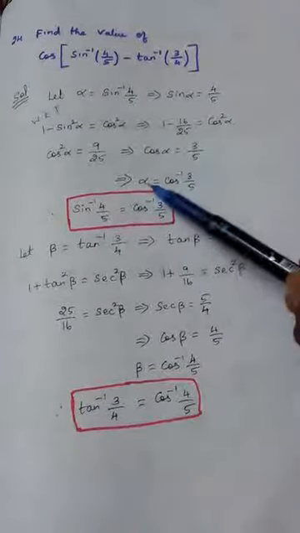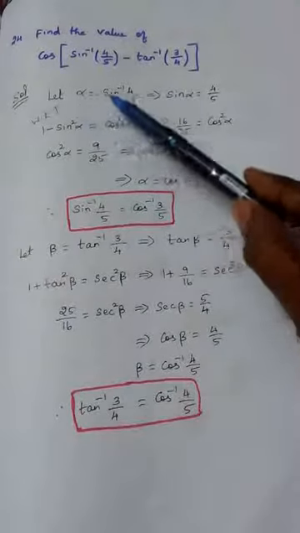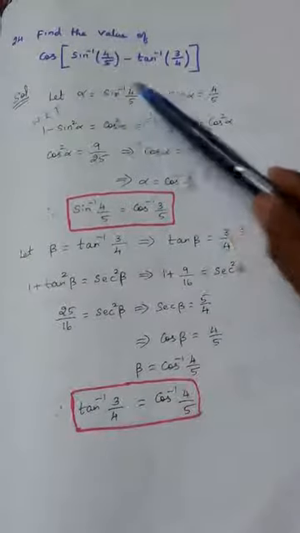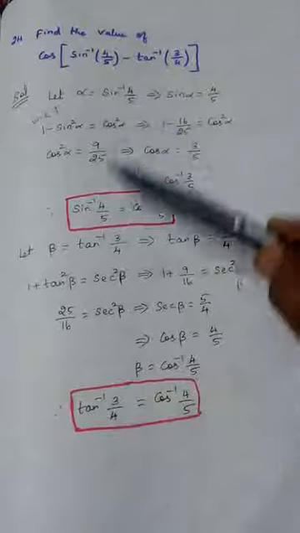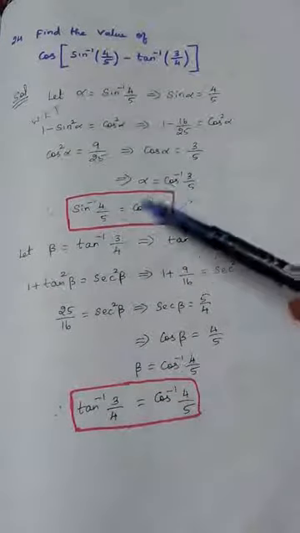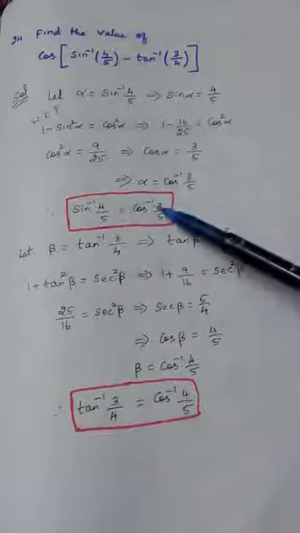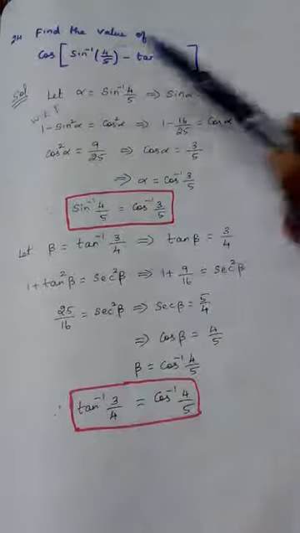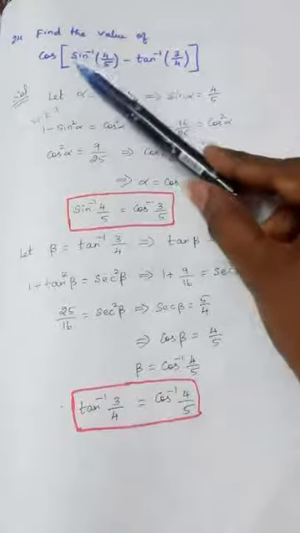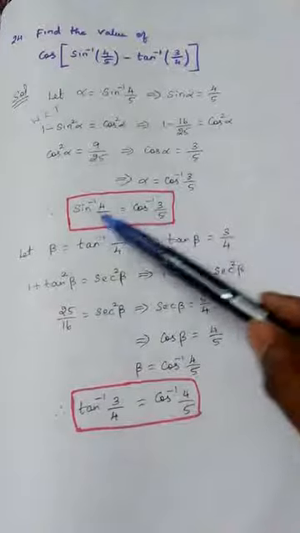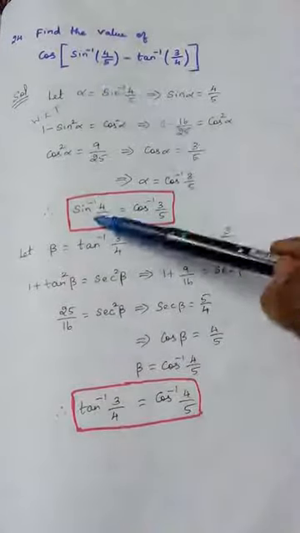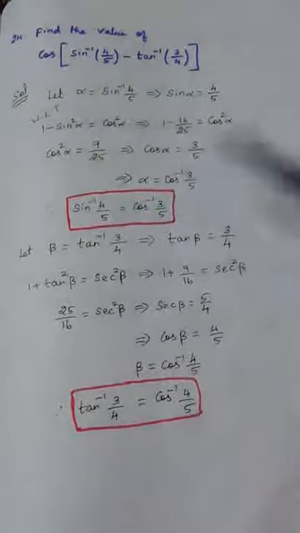In place of this alpha, I am going to substitute sine inverse 4 by 5. So sine inverse 4 by 5 is equal to cos inverse 3 by 5. First I wanted to convert this in terms of cos inverse. Now I did that. Sine inverse 4 by 5 is converted in terms of cos inverse.